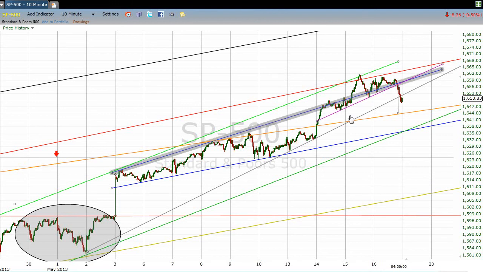We're expecting to come down to at least this line, and if it breaks, then what's underneath us should provide support. So really, wherever the price action is moving at the time, the way the chart is set up right now, the lines that are above us would be resistance, the lines that are below us would be support. Hey, that's pretty simple. Maybe that ought to be the rule from now on.